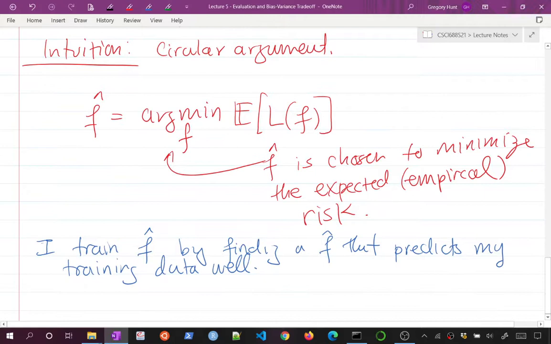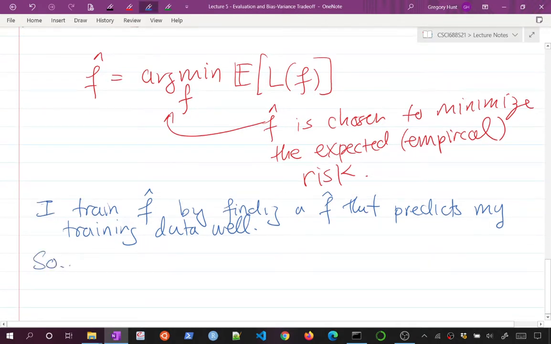For a regression, you can think of it as minimizing a squared loss. For classification, you're again kind of minimizing some other kind of loss. You could write it down, but the general idea is basically that you're choosing your f hat so that it predicts the training data well.